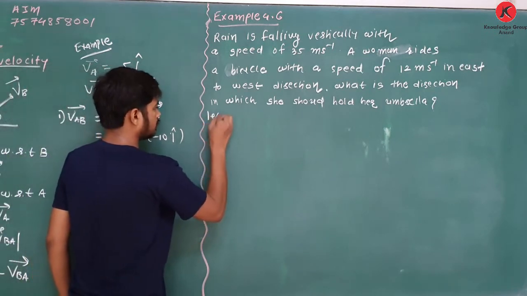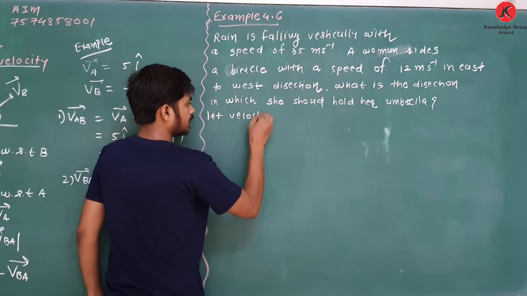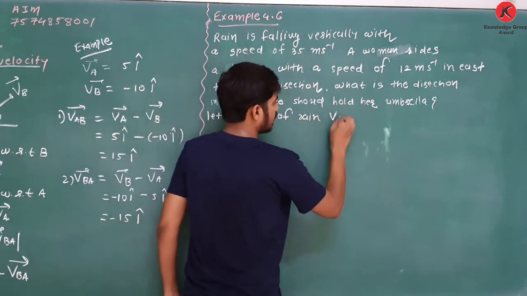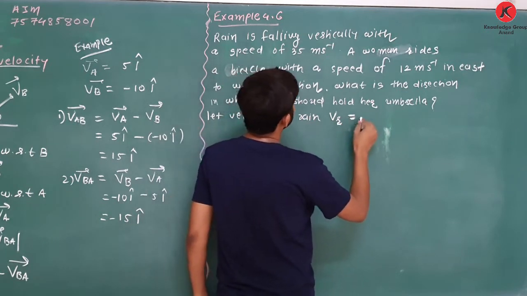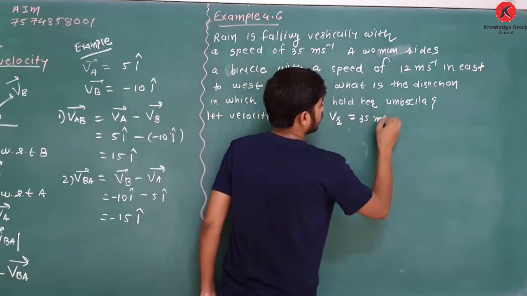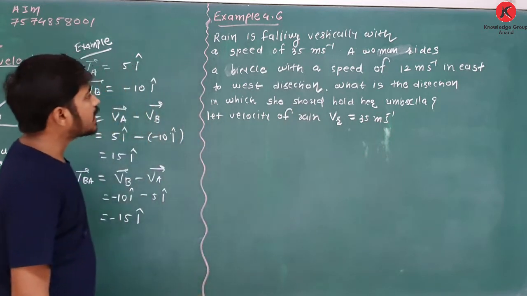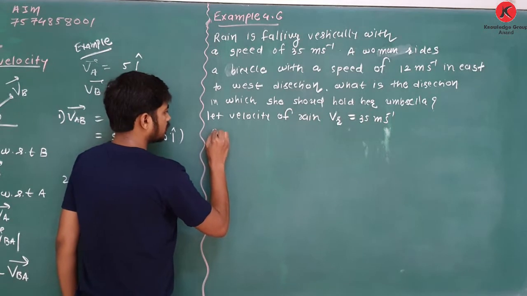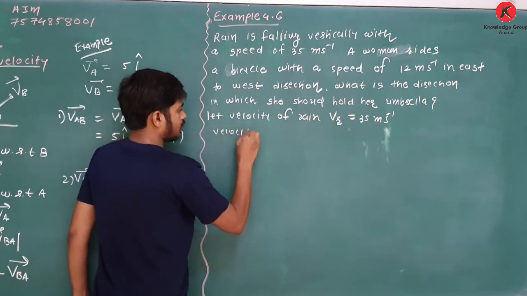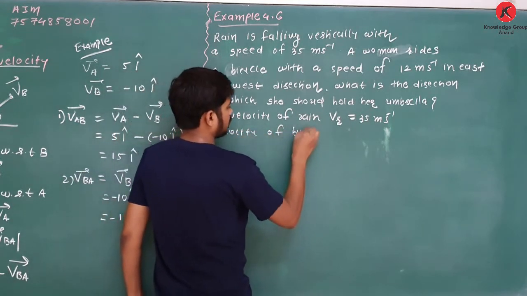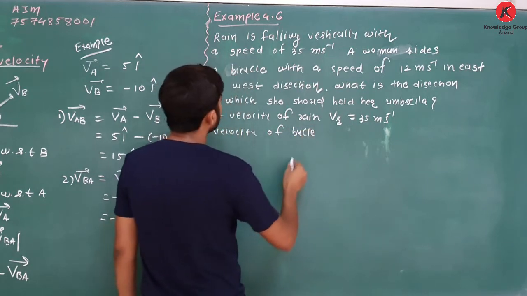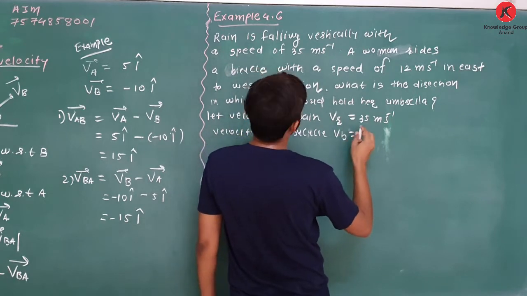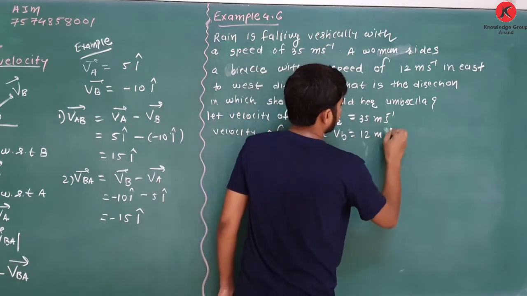Rain is falling vertically with a speed of 35 meters per second. So let the velocity of rain VR be 35 meters per second. A woman rides a bicycle with a speed of 12 meters per second, so the velocity of the bicycle VB is 12 meters per second.